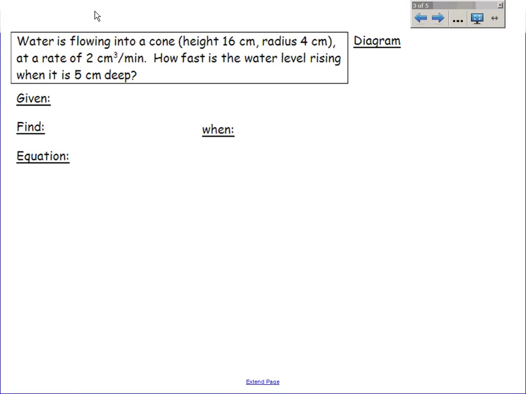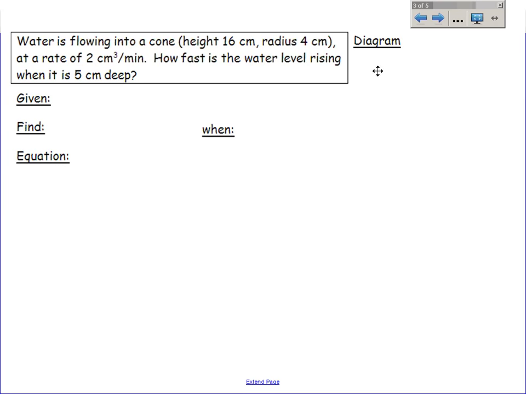Water is going to be flowing into a cone that has a height of 16 centimeters and a radius of 4 centimeters. And the water is flowing into the cone at a rate of 2 centimeters cubed per minute. How fast is the water level rising when it is 5 centimeters deep?